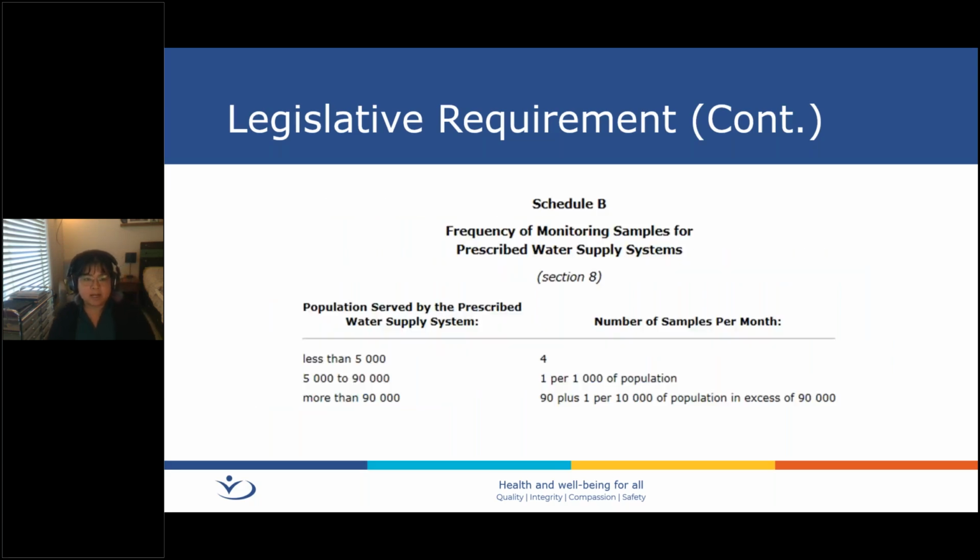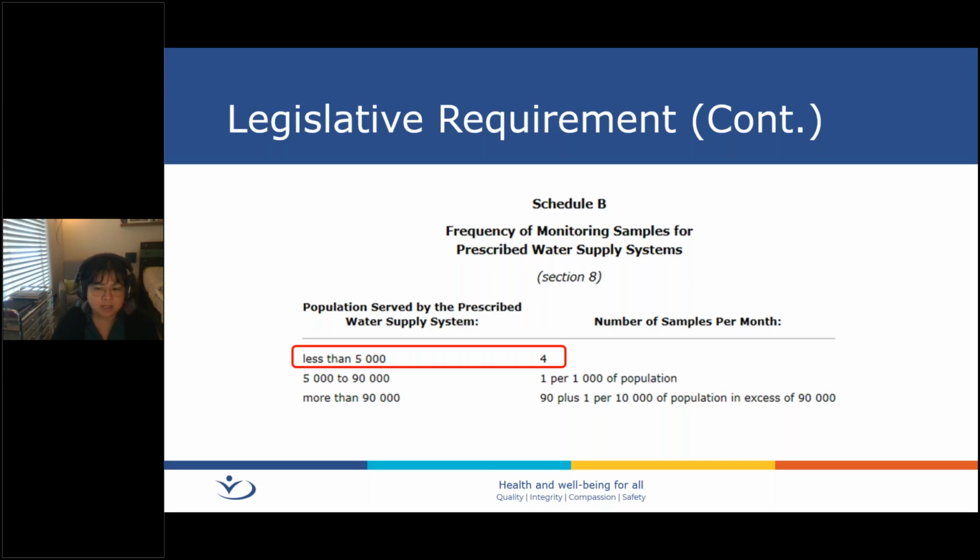So here you'll see the Schedule B under the Drinking Water Protection Regulation. This sets out the minimum frequency for bacterial water quality monitoring. So for water systems that serve a population of less than 5,000, the minimum requirement is 4 samples per month. And typically this is once a week, unless otherwise specified by your drinking water officer.